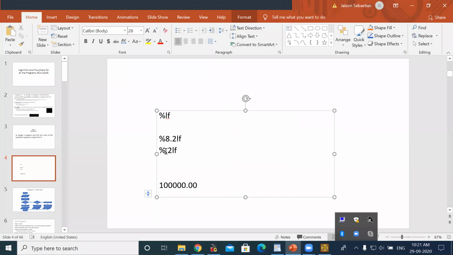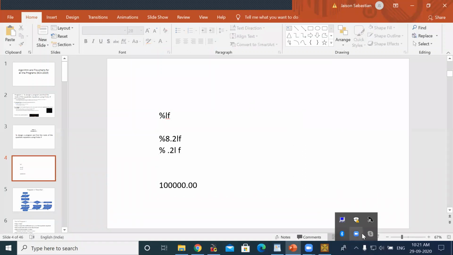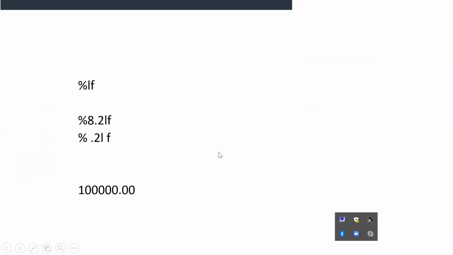We just need 2 decimal places. All of you are able to see, or I will make it full screen. So if you need only to mention that it should have only 2 decimal places, and we are not restricting the total number of digits, then you can give it like this.